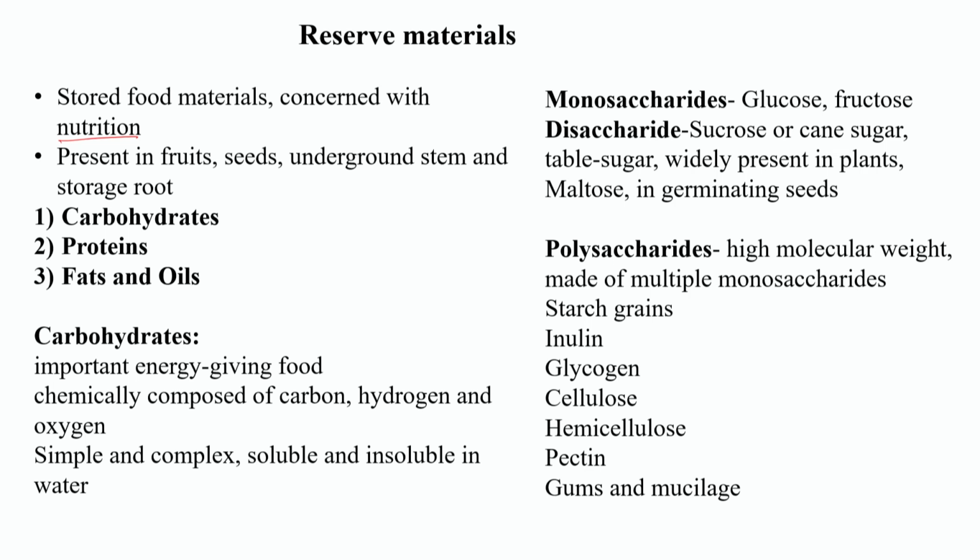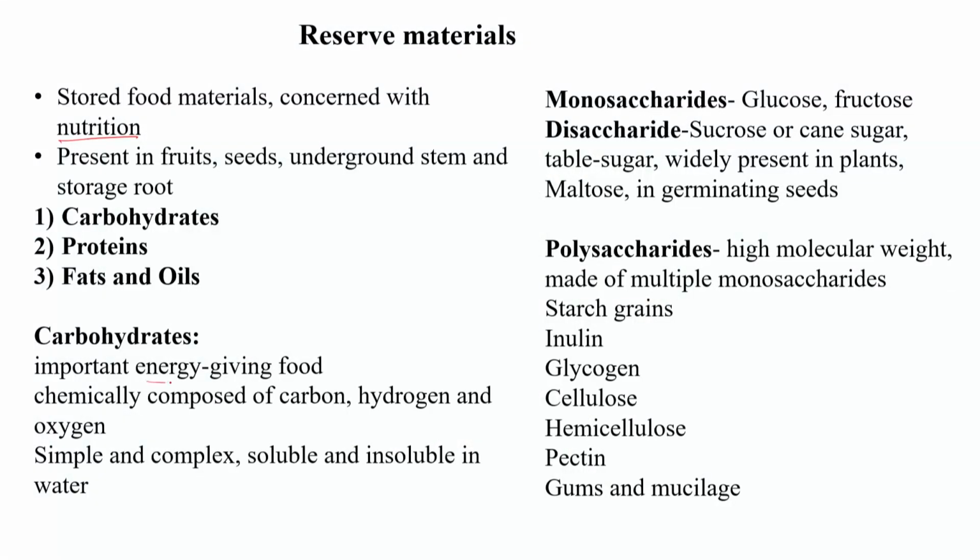In storage roots also store a lot of carbohydrates or many other reserve materials. So in those organs, these things could be stored. Now basically these reserve materials on the basis of their chemical nature could be differentiated into carbohydrates, proteins and fats.